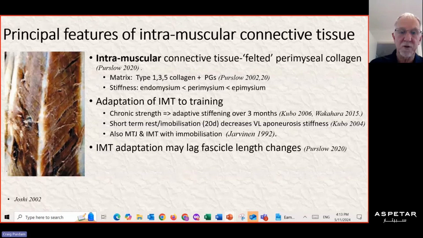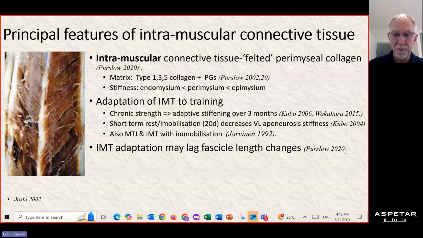The other concerning factor with the interrelationship between the contractile element or fascicular element and this connective tissue element is that fascicle length changes, as we've seen from Tony Shields' group, Dave Opar, Ryan Timmins, is that we can see fascicle length change quite dynamically, whereas the intramuscular tendon adaptation may well lag these changes.